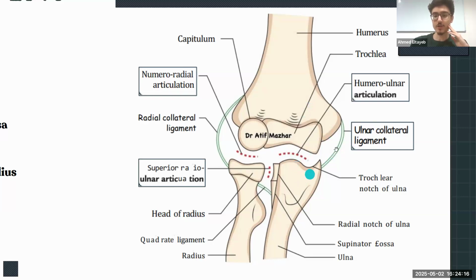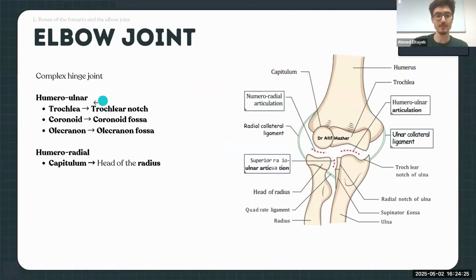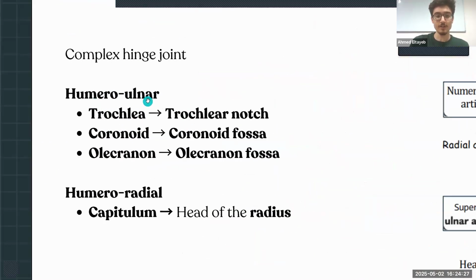Over here, we realize the things we mentioned before, the olecranon, the coronoid, and even the head of the radius, all of them are going to articulate with things from the humerus. So let's look into more detail. When we talked about the ulna, we mentioned three things, right? We mentioned the coronoid, the olecranon, and the trochlear notch. The coronoid from the ulna will have an impression on the humerus, and that is the coronoid fossa.